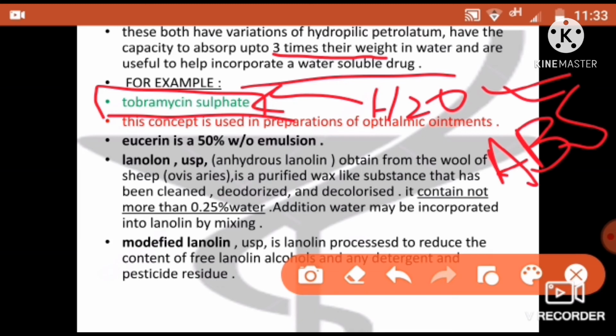Why are we using this concept, why do we need to add a liquid drug or a water soluble drug in an ointment base? Because ointments are also given through the eye. The route of administration, for the local effect, we are giving it through the eye, as we discussed in our previous part 1 lecture.